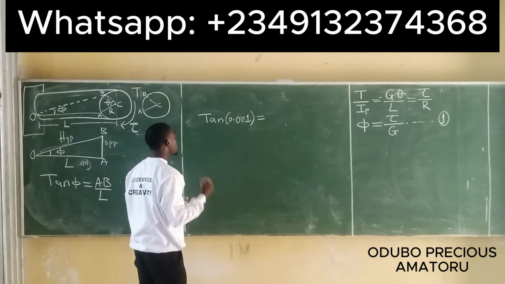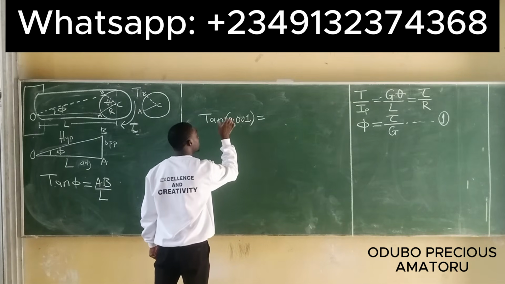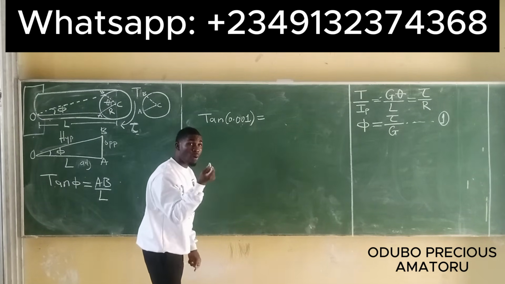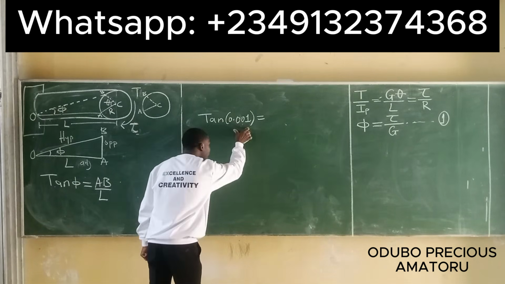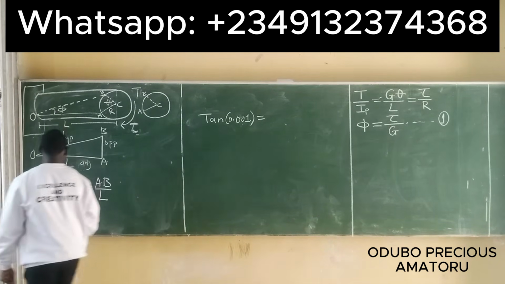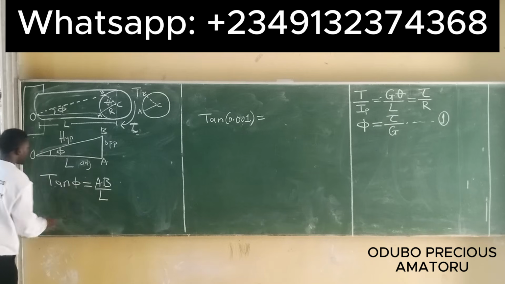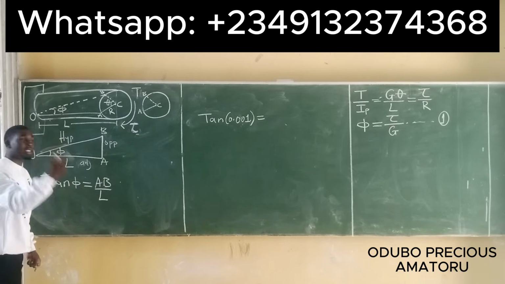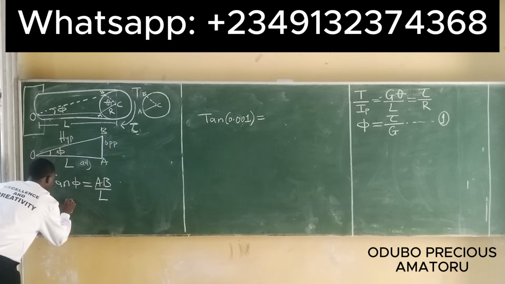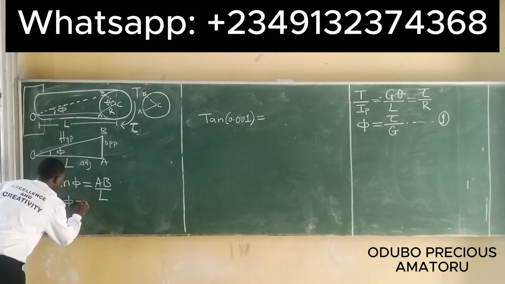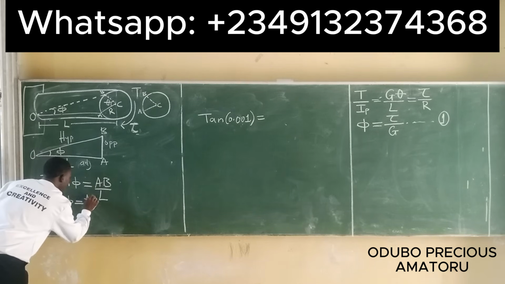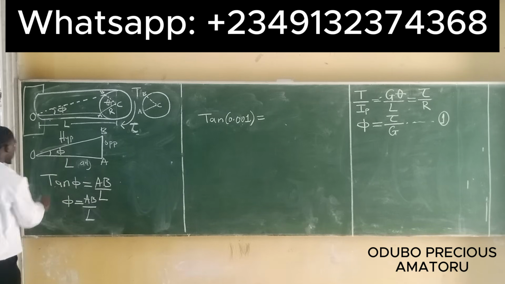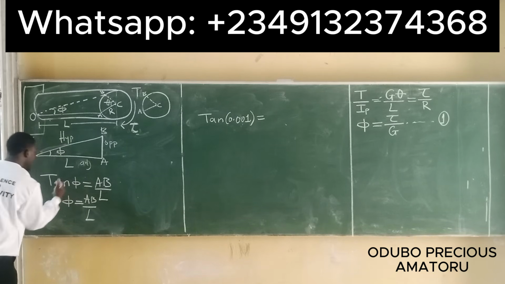So therefore, we say that if the angle theta is very small, then tan theta is equal to theta. So if tan phi is almost the same thing as phi, you can say that phi is equal to AB all over L, because tan phi is the same thing as phi.